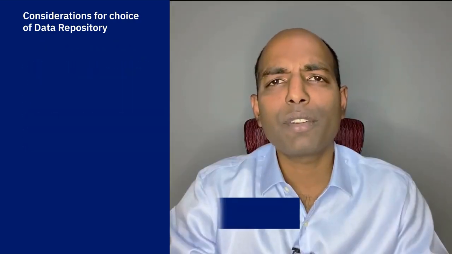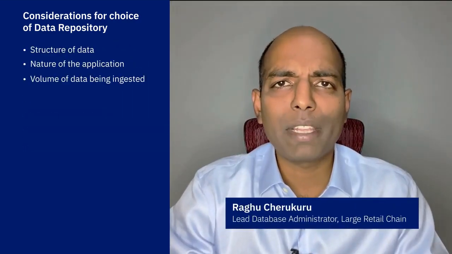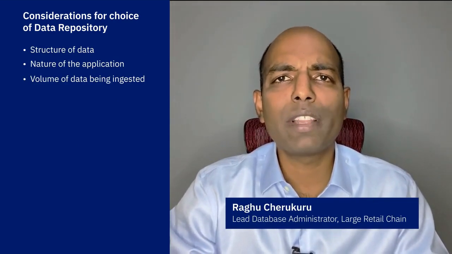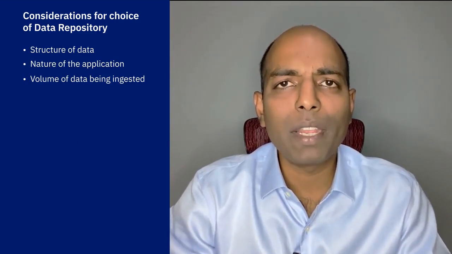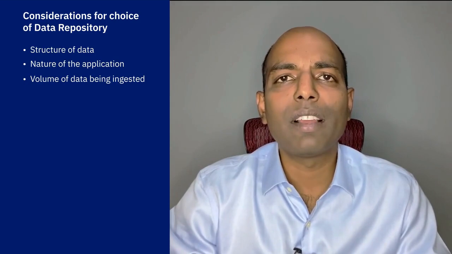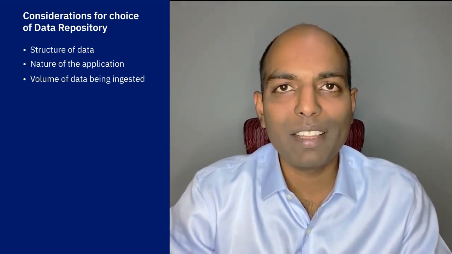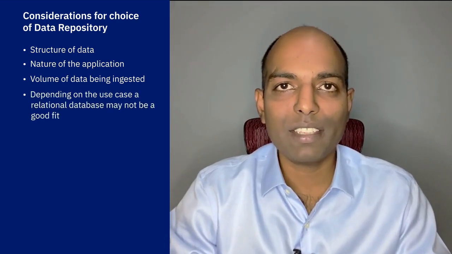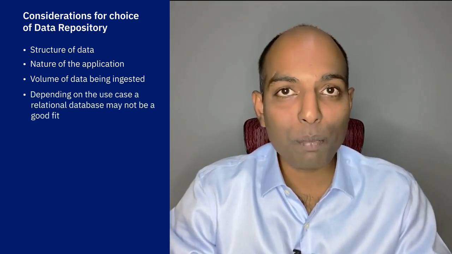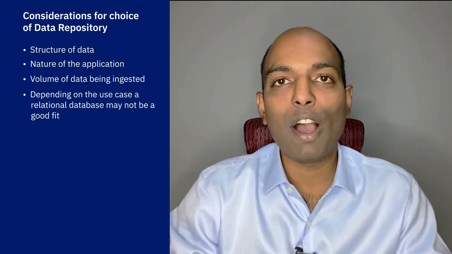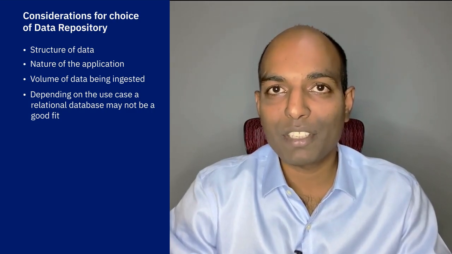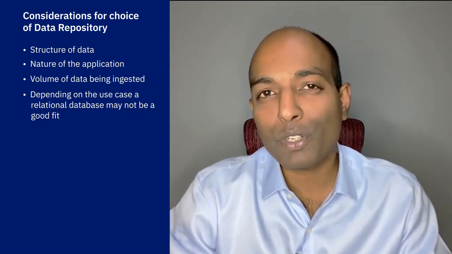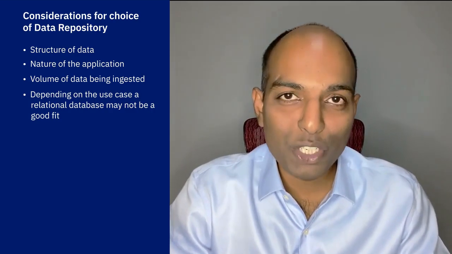I would say the structure of the data, the nature of the application, and the volume at which the data is getting ingested into your database, all these factors determine the nature of the data source that you should pick. In most cases, a relational database should be enough. However, there will be edge cases where a relational database such as IBM Db2, Oracle, or Postgres won't necessarily do the job for you.